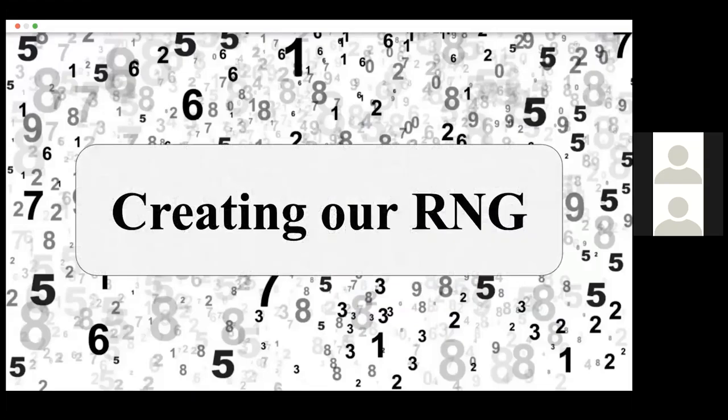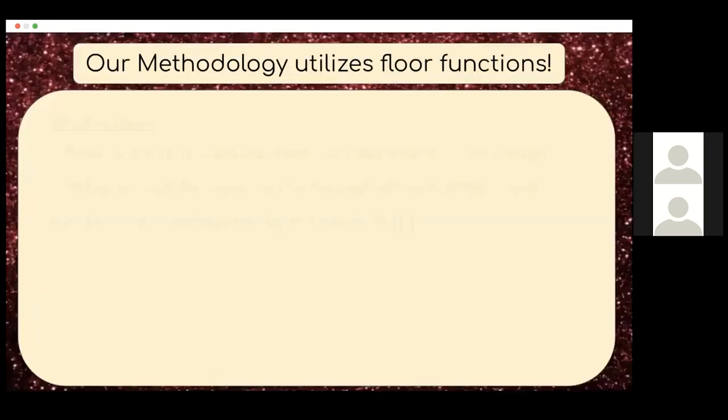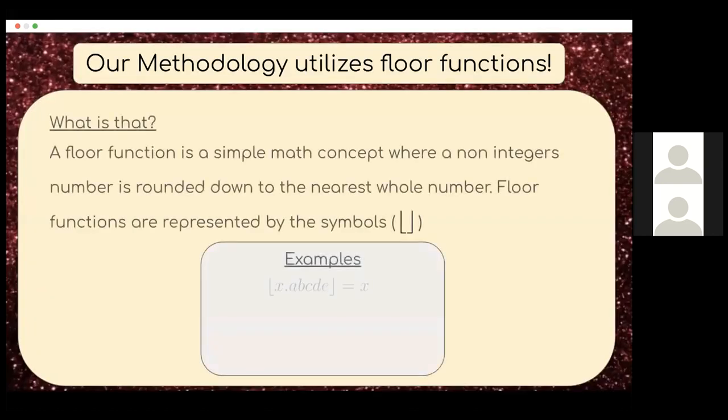All right, so that brings us to creating our own RNG. Since we've been talking about testing uniform randomness, we want to create our own random number generator to see if what we say is true. So before we talk about our random number generator, we have to talk about the floor function that was used in it. Basically, the floor function takes any real number and rounds it down to the whole number.